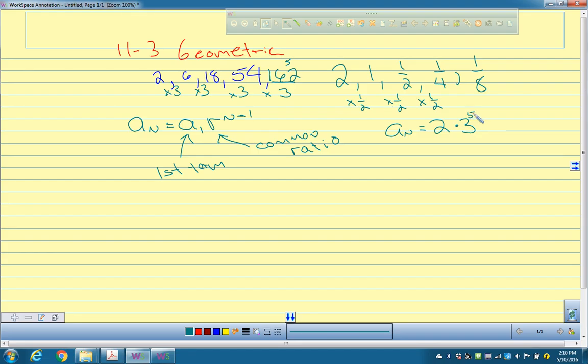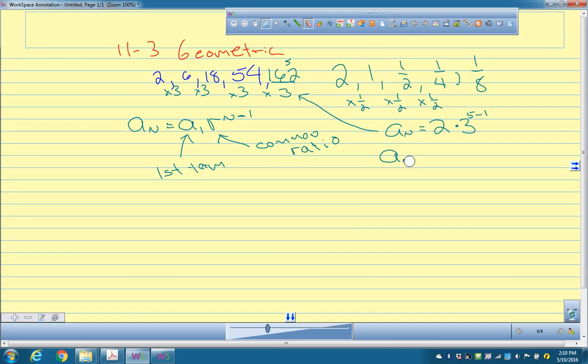You have to do things in the correct order. A sub 5 is equal to the first term, which is 2, times 3 to the 4th. Don't multiply 2 times 3 and then raise it to the 4th power, because that's the wrong order of operations.